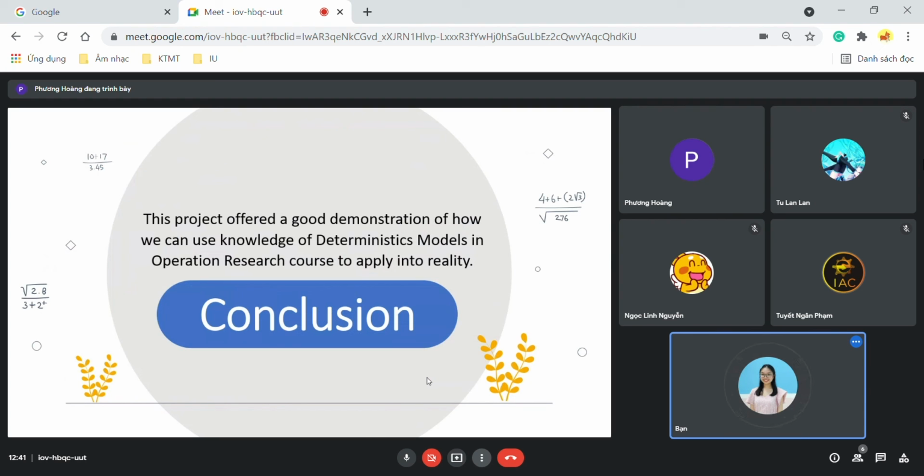In particular, analysis of management and process performance in factories would be well handled thanks to the application of this course. Moreover, optimization in finding the result would also be reached more easily with high accuracy with the help of modeling software such as Cplex or Lingo. This is the end of our presentation. Thank you for listening.